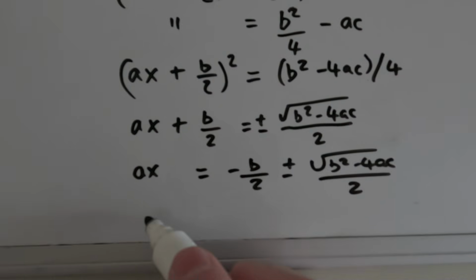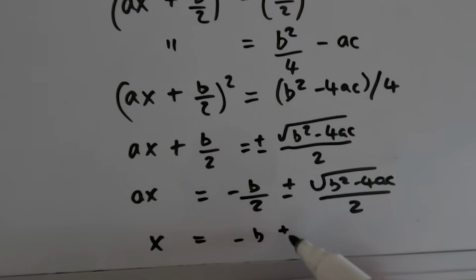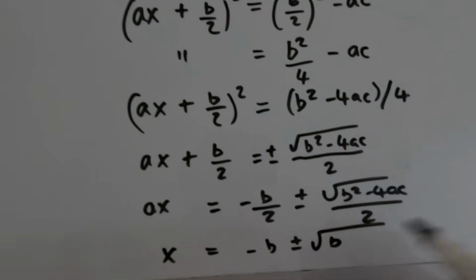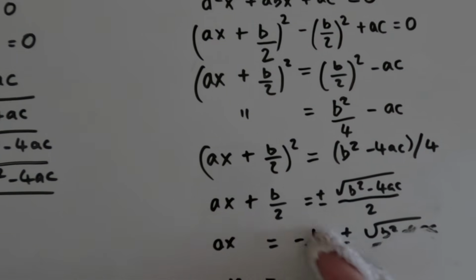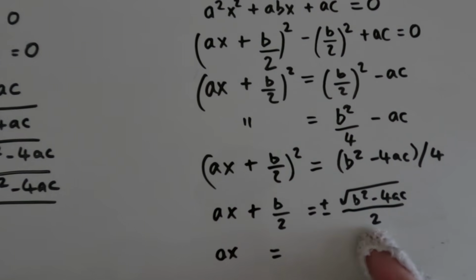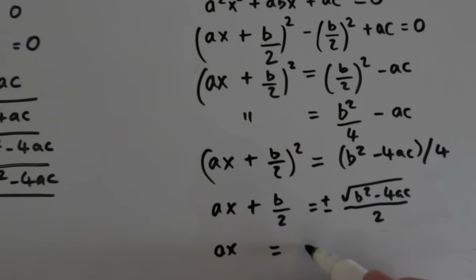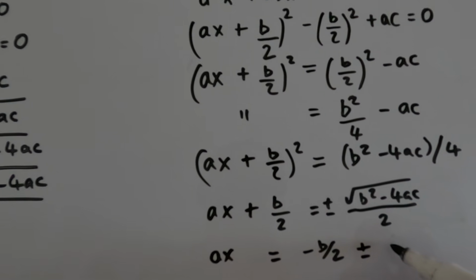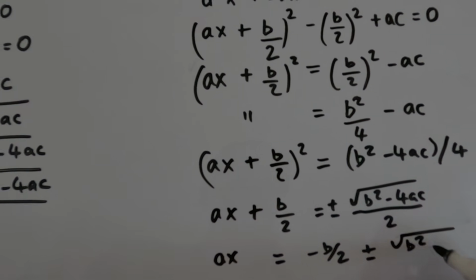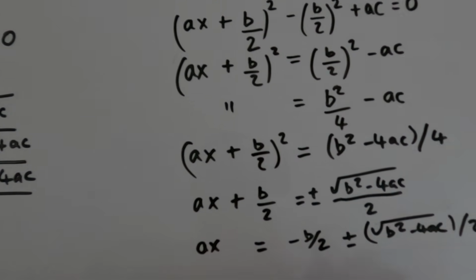So when we divide across by a, we get x equals minus b plus or minus square root. I'm going to put the 2 up there, sorry. Just ran out of room there. So ax equals minus b over 2 plus or minus square root of b squared minus 4ac, and that's all over 2.